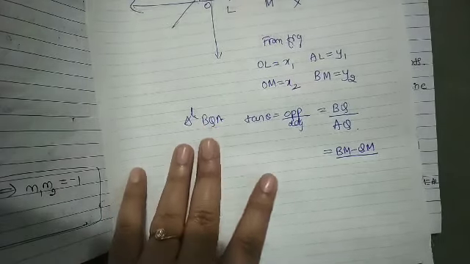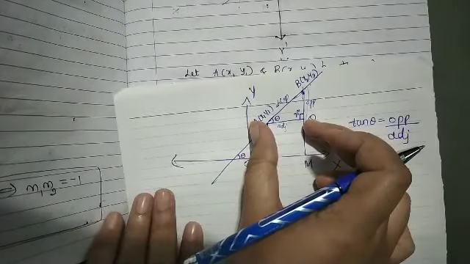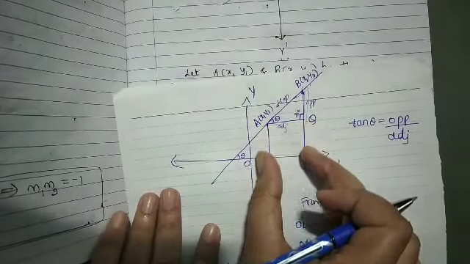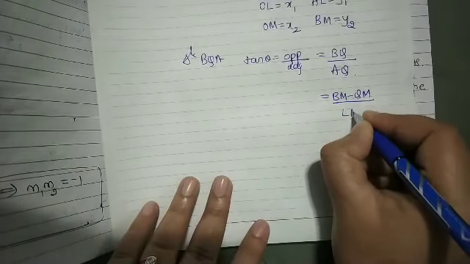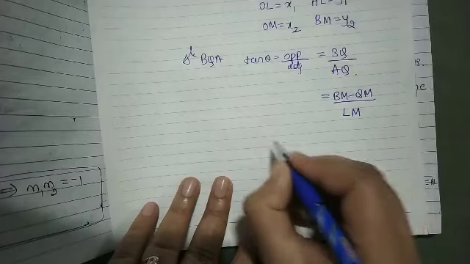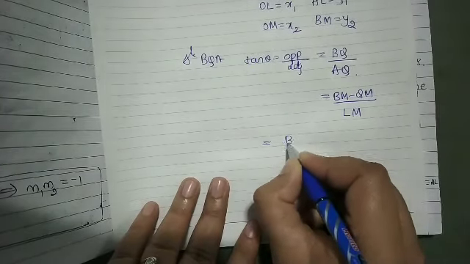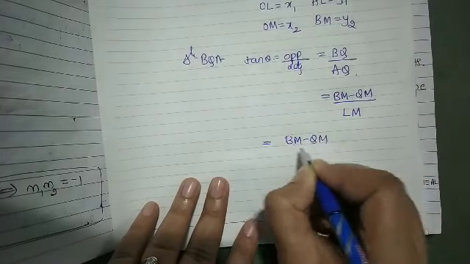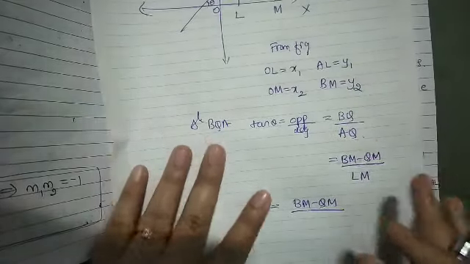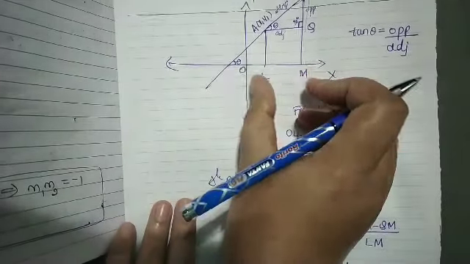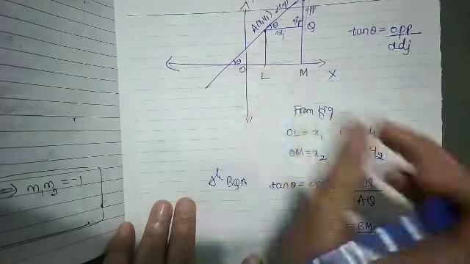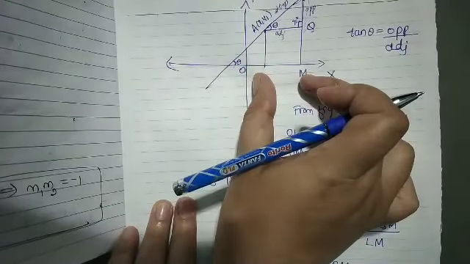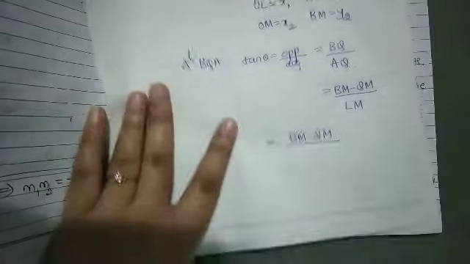This distance AQ is the same as distance LM, therefore AQ is equal to LM. So this is equal to BM minus QM divided by LM, and distance LM can be written as OM minus OL.